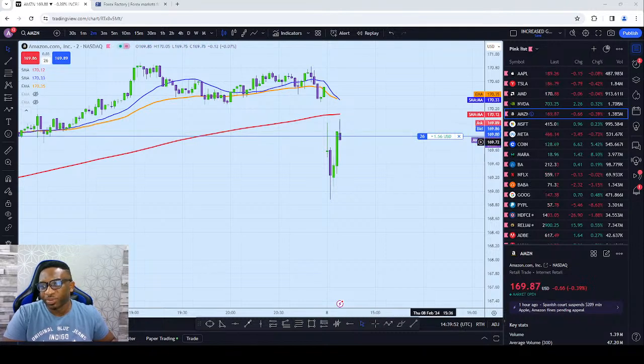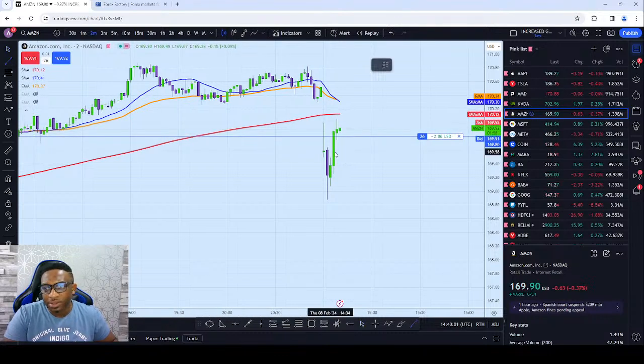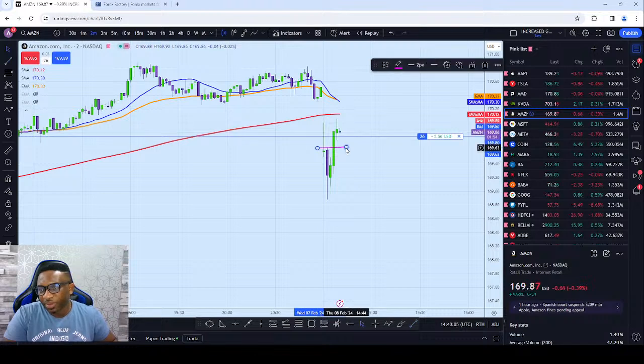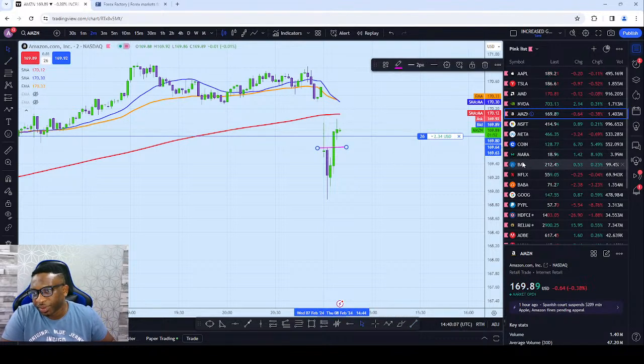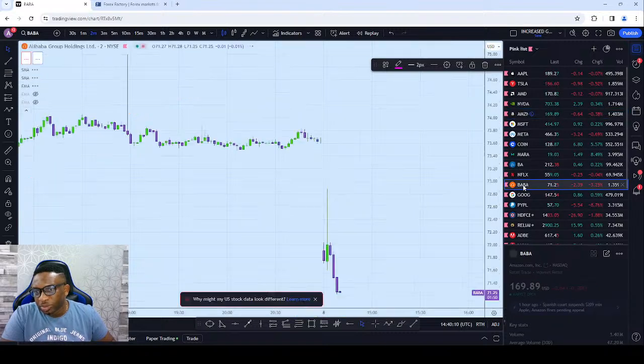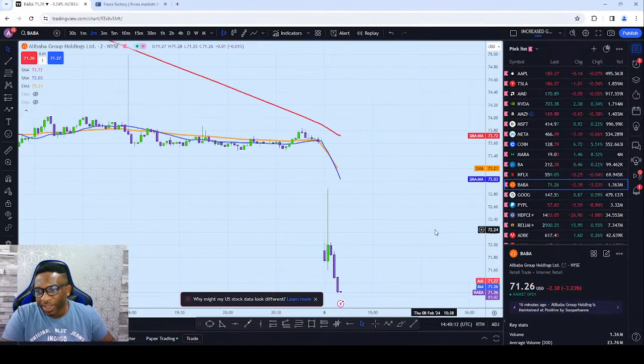I just put in a small size anyway, but it would have been better if I had gotten in earlier at this level. At this level, it would have been a better entry position. We have another one here.